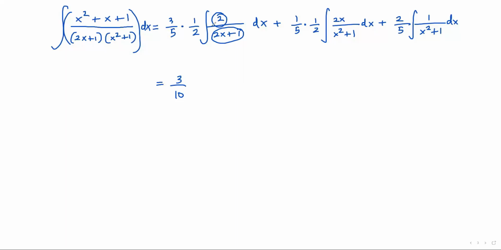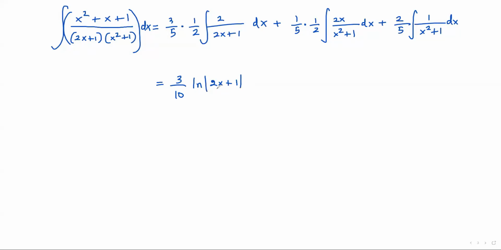In integration, whenever we have the derivative of the denominator in the numerator, the integration of such a function is natural logarithm of what we have in the denominator, that is 2x + 1. Here, the value of this 2x + 1 always has to be positive, because logarithm is defined only for positive values. So since this value always has to be positive, we can take the absolute sign for this 2x + 1.